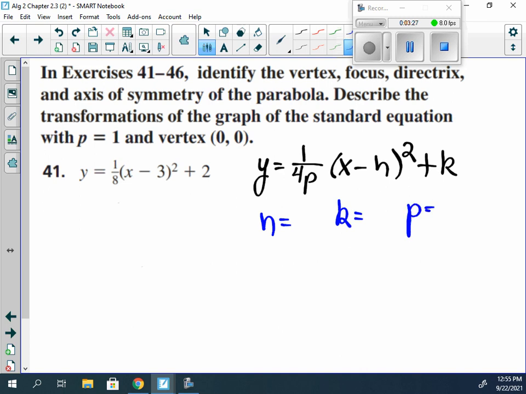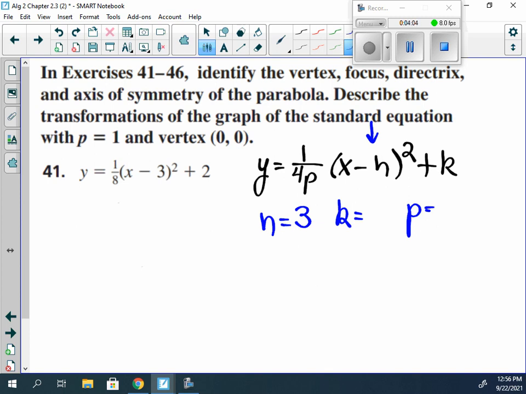We're given the equation y equals 1/8 times (x minus 3) squared plus 2. Looking at this equation, what would the value of h be? It'd be 3, because inside the parentheses we have x minus h, so h is positive 3. If it had been x plus 3, then it would be negative 3.